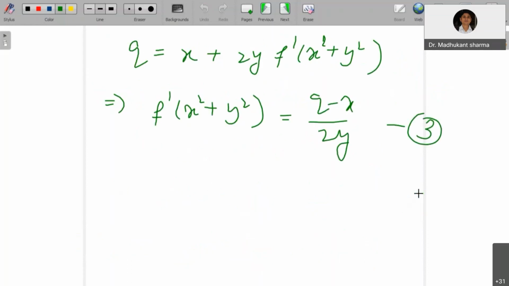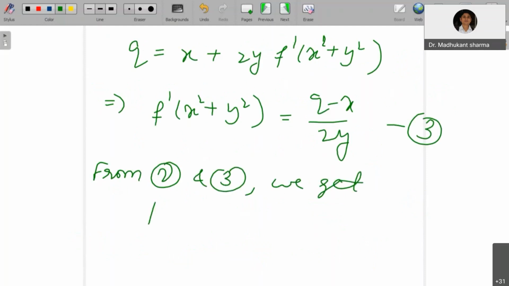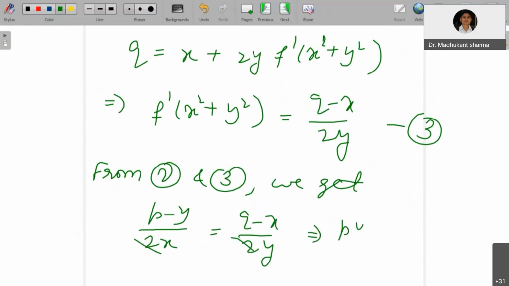So from 2 and 3, we get the following: p minus y by 2x is equal to q minus x by 2y. Now you can simplify it. So py minus y square is equal to qx minus x square.